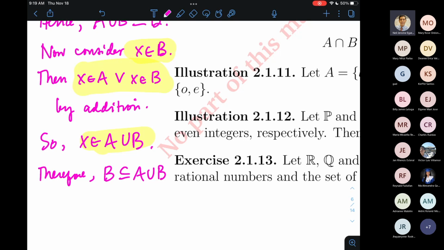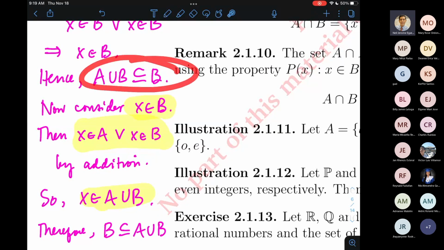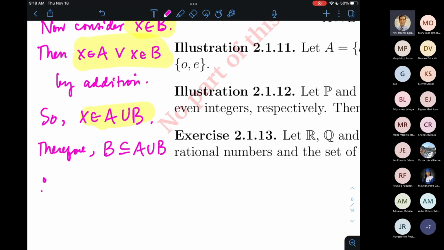Okay? So B ay subset ng A union B, but we have proven earlier, or we have shown earlier, that A union B is a subset of B. So by the anti-symmetry property of subsets, we can say that A union B is equal to B, provided that A is a subset of B. Okay?